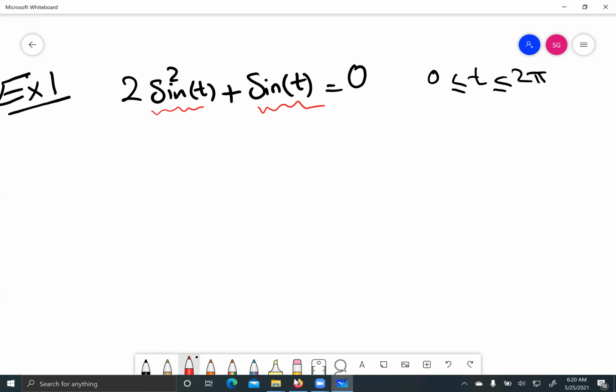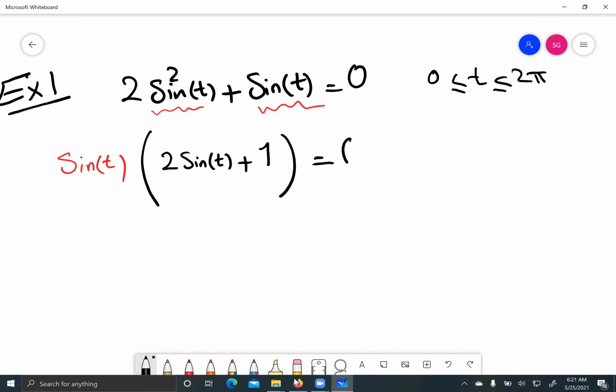Both of them have sine in common. That suggests that we can factor sine of t out. From the first term, we end up with 2 sine of t, and from the second term, we end up with 1, equal to 0. So we factored sine out.